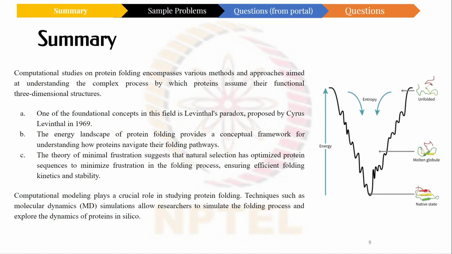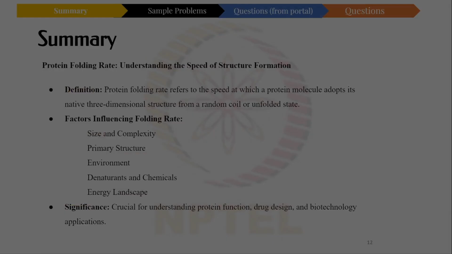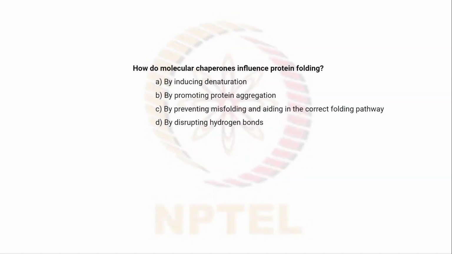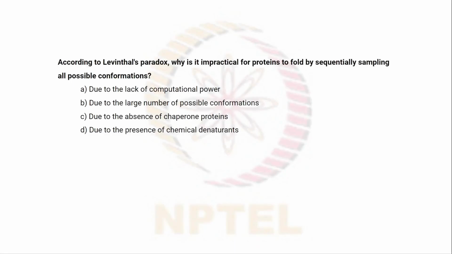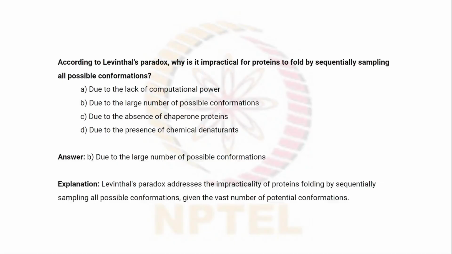So if a protein were to fold by sequentially sampling all the possible conformations, it would take an impractically long time. It is impractical due to the large number of possible conformations.